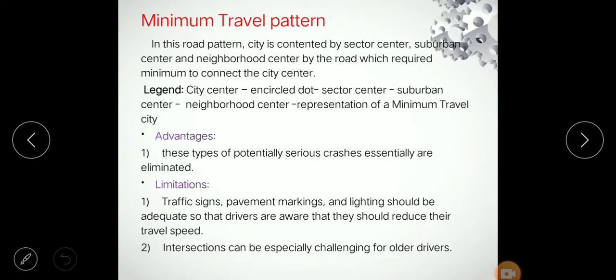Next, advantages: these types of potentially serious crashes essentially are eliminated. Also, there are some limitations. Traffic signs, pavement marking, and lighting, this becomes common for all, probably, and intersections can be especially challenging for older drivers. So this is all about the types of road pattern in detail.